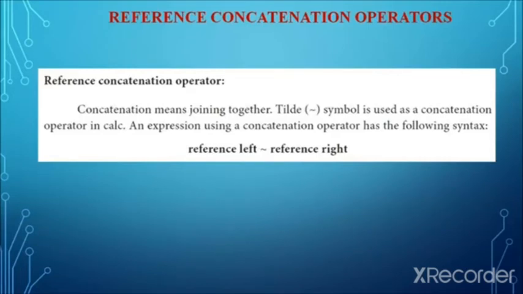The reference left will be a continuous group of cells, and the reference right will be a separate continuous group of cells. For example, here you see A1 to A6, tilde symbol, and C3 to F3. These are two different groups of cells. For combining these two we use the tilde symbol. That is the reference concatenation operator.